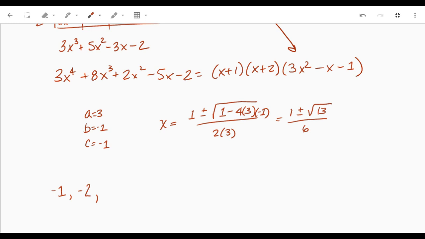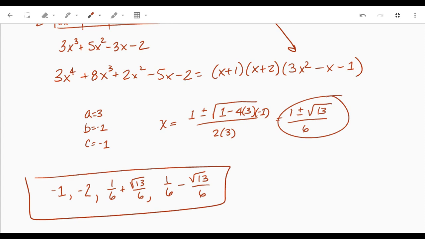I would guess that they would accept it as written if you did 1 plus the square root of 13 over 6 and 1 minus the square root of 13 over 6. In their example, they do 1/6 plus the square root of 13 over 6, and they do 1/6 minus the square root of 13 over 6. Okay, so there's all your zeros.